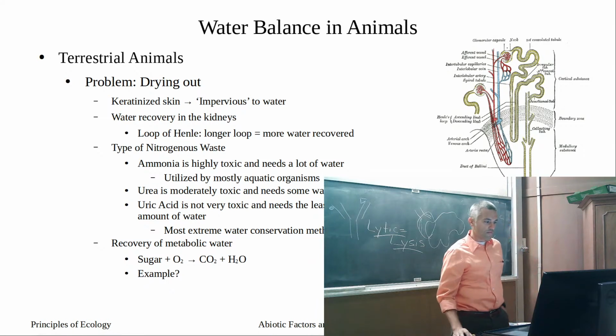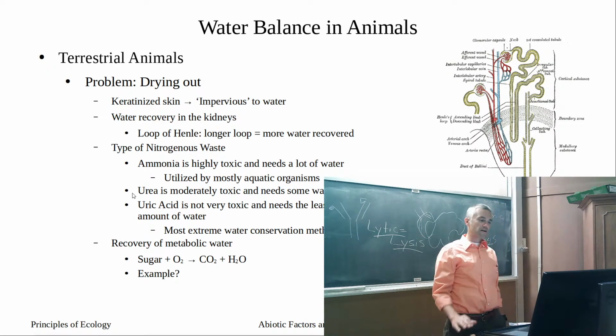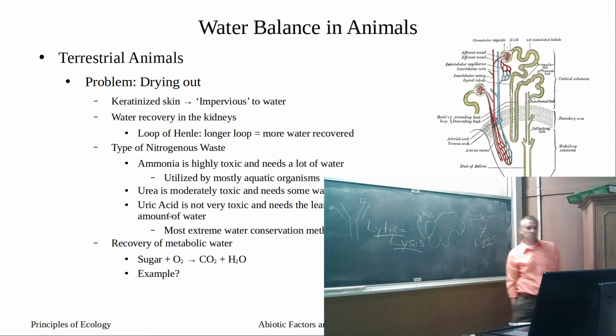So more desert-like organisms, or those better adapted to drier conditions, usually produce uric acid. A lot of terrestrial organisms produce urea. And then your aquatic organisms, mostly ammonia, not a big deal because our aquatic system dilutes it very, very quickly.